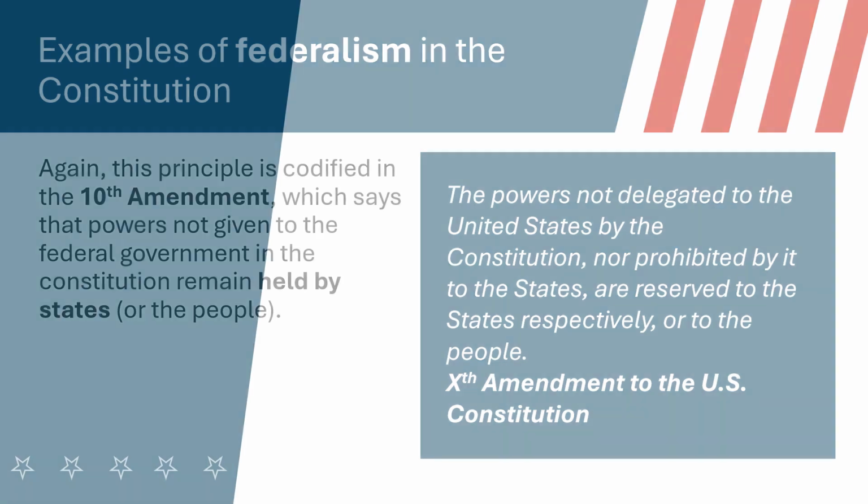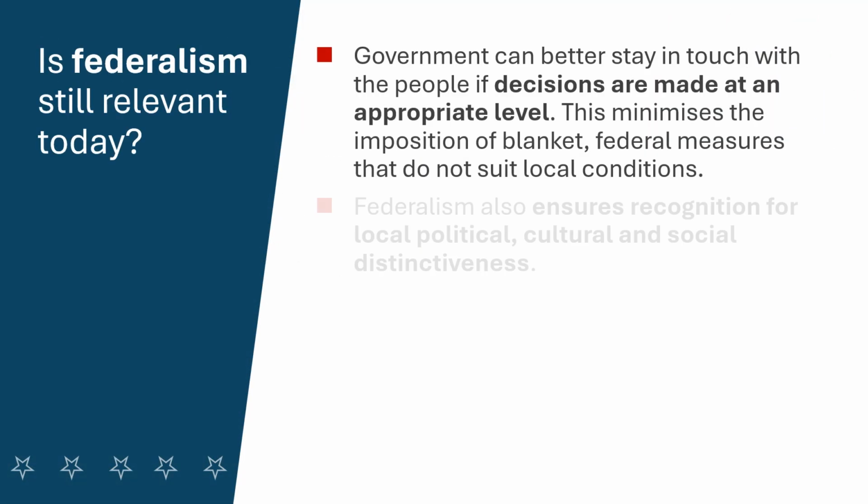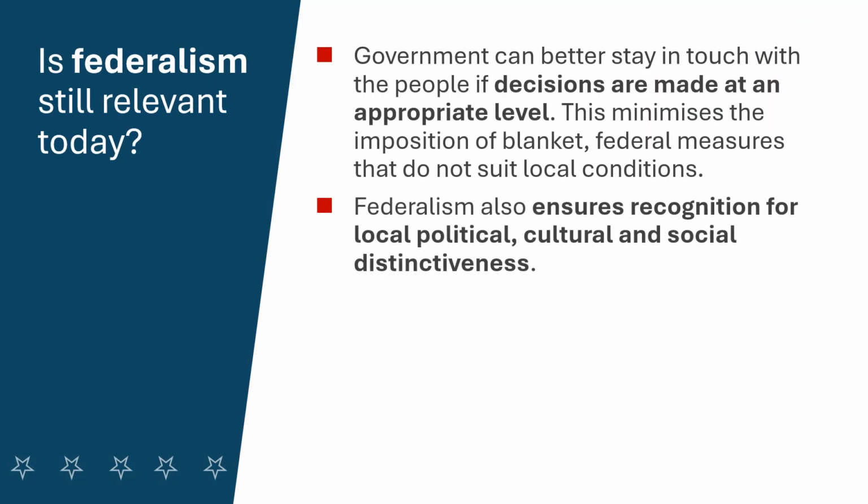Is federalism still relevant today? Many would argue that government can better stay in touch with the people if decisions are made at an appropriate level. This minimizes the imposition of blanket, federal measures that do not suit local conditions. Federalism also ensures recognition for local political, cultural, and social distinctiveness.